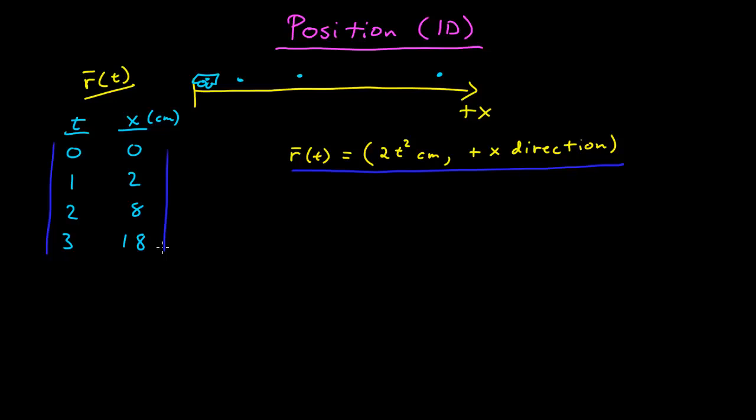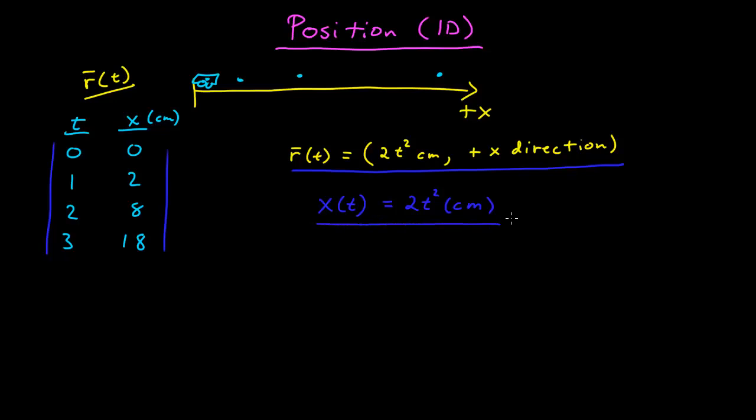Now, if we're working in one dimension, we'd like to use a notation that is much simpler. Since it only ever exists on the x-axis, I can rewrite this function to say that the x location of this particle at any given time is simply 2 times t squared, and this 2 times t squared is in centimeters.